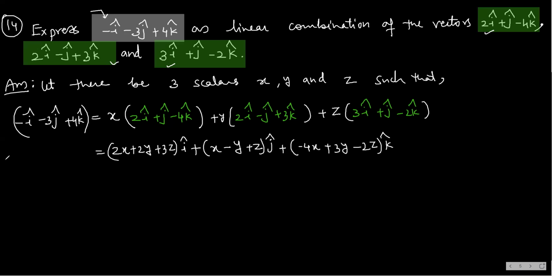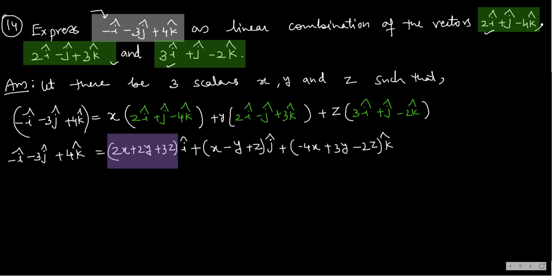And on the right, what I have is minus i cap minus 3j cap plus 4k cap. Now I will equate the coefficients. See, this is the coefficient of i cap, and on the right I have equal to minus 1.